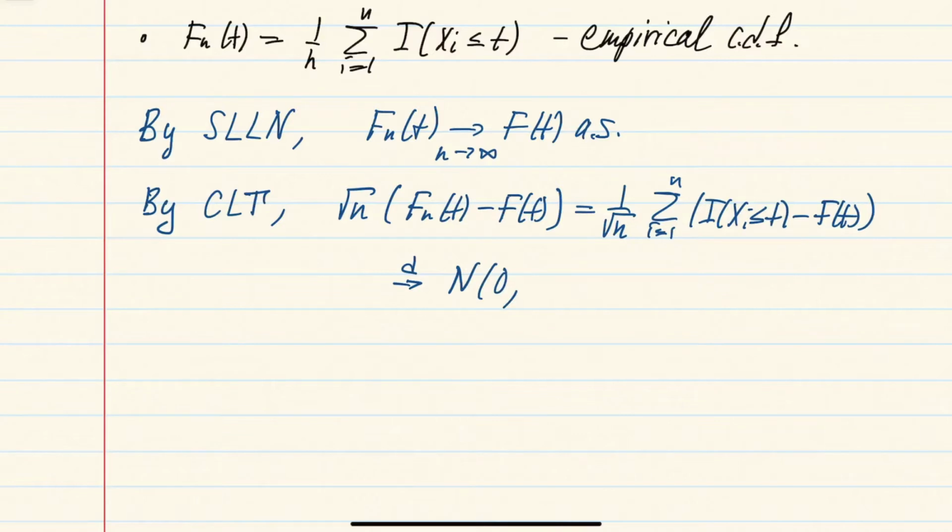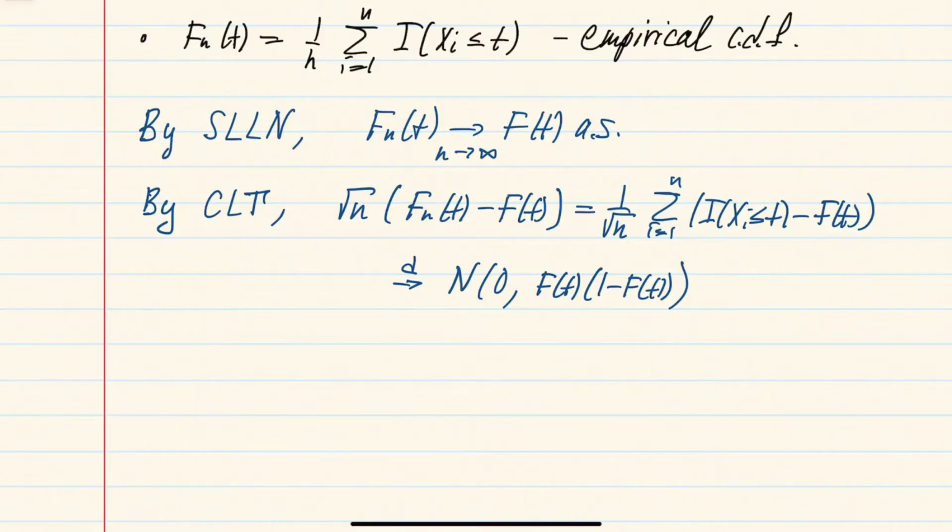Of course, the variance of the indicator is just p(1 minus p). So p is the CDF and 1 minus p is 1 minus the CDF. All right, so this is for any fixed t. But next, we are going to try to look at this uniformly over t.